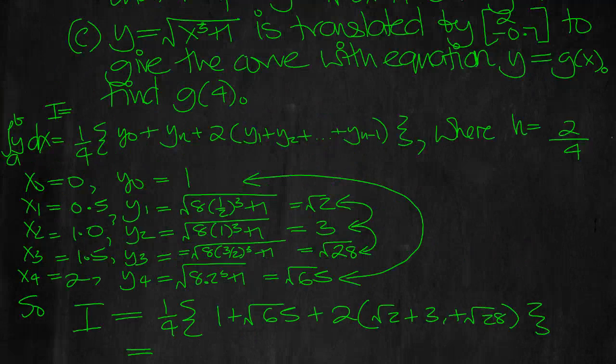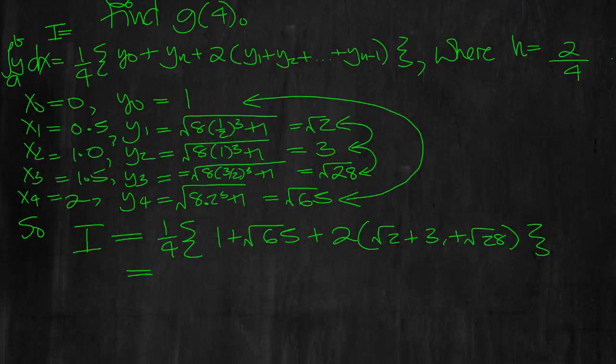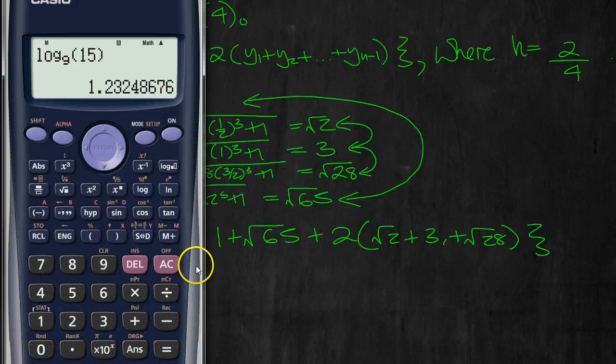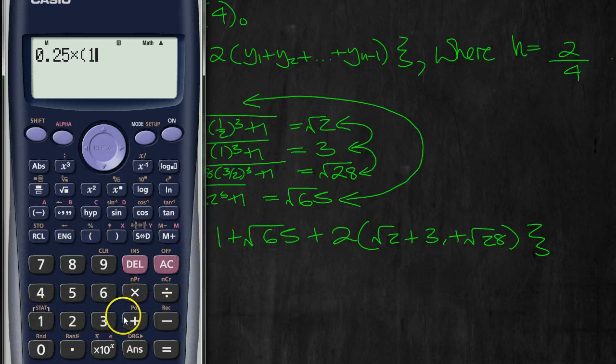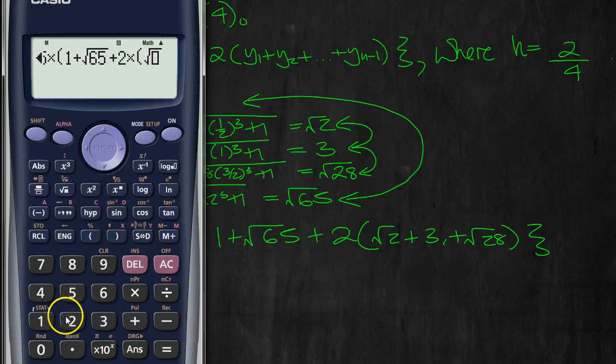And we need to work it out to 3 significant figures. So let's do that then. So it's equal to 0.25 times bracket 1 plus root 65 plus 2 times root 2 plus 3 plus square root of 28, close the bracket for that 2 times and close the brace.